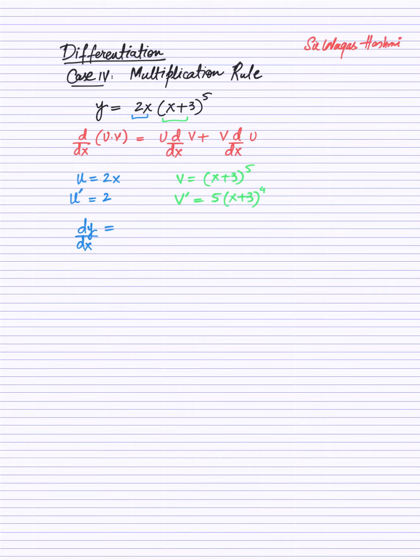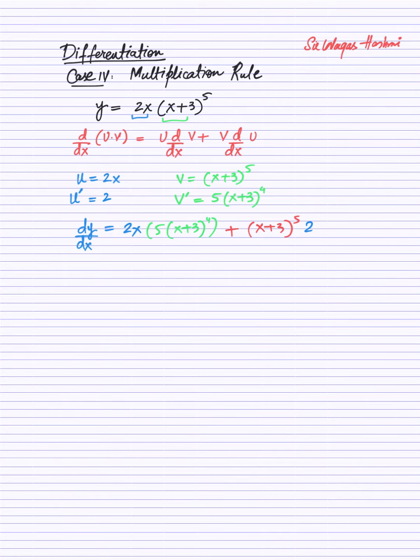dy over dx equals, the formula says u, and the value of u is 2x, times the derivative of v, which is 5 times (x plus 3) power 4, plus v, which is (x plus 3) power 5, times the derivative of u, that will be 2, not x.